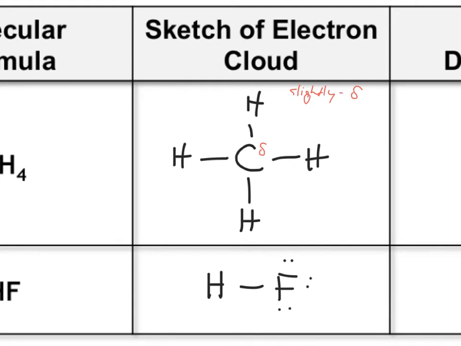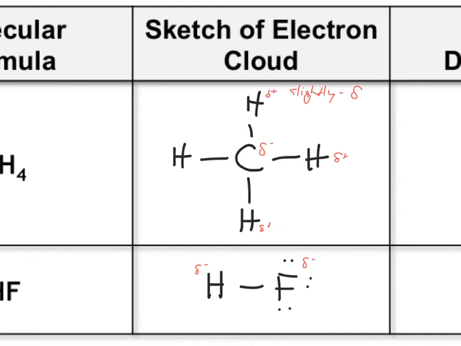But in any case, the carbon is going to be slightly negative because it's more electronegative than hydrogen, and the hydrogens would be slightly positive. And down here in the second example, the fluorine would be slightly negative because it is more electronegative than hydrogen. So slightly negative on the fluorine end, slightly positive on the hydrogen end, and each one of these hydrogens are going to be slightly positive.